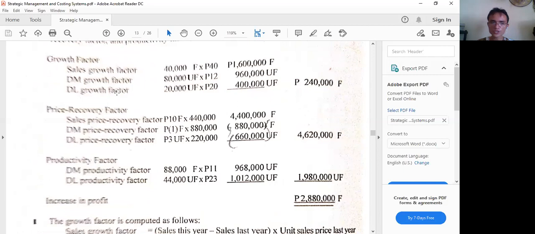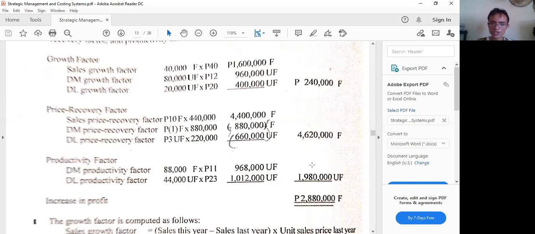But if this is a cost, just like the direct materials and direct labor items discussed a while ago, the increase would be unfavorable while the decrease of the actual versus standard would be favorable. All right, so I hope that is clear.